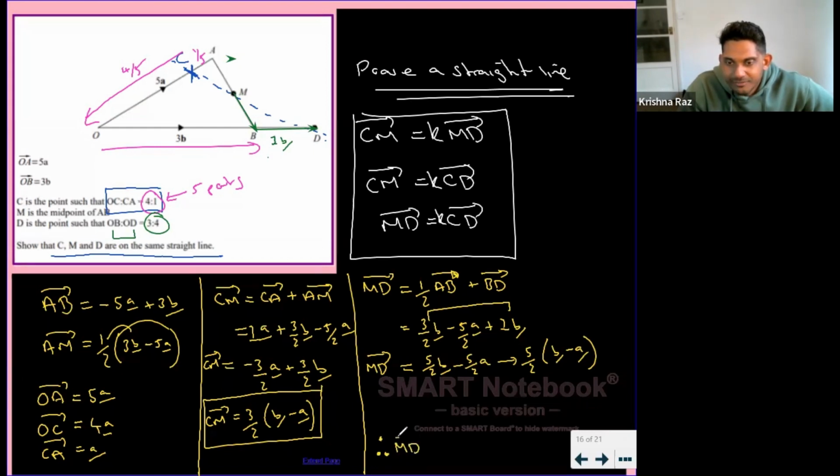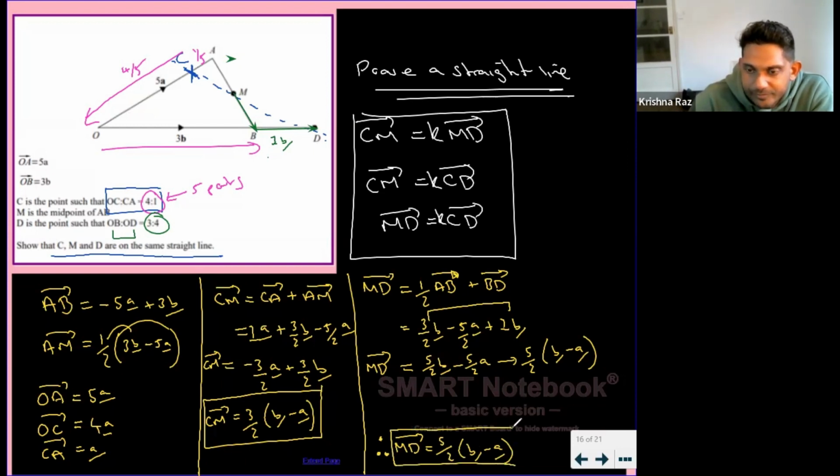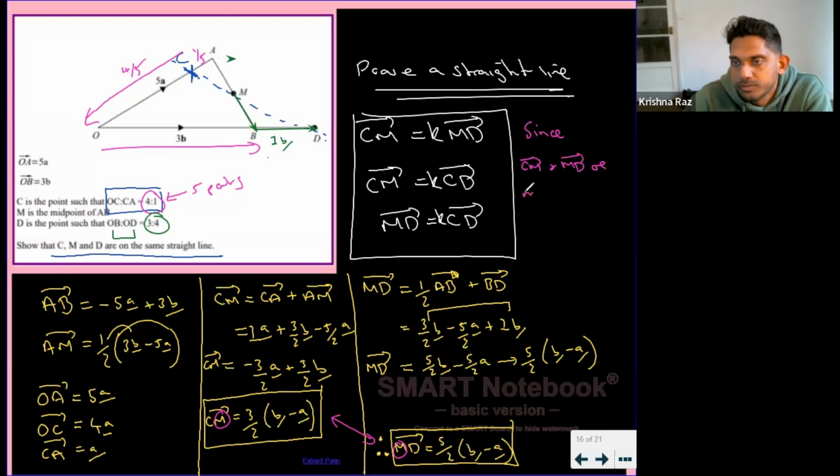So therefore MD is 5 over 2B minus A. Well, look, we can see here these two things are both multiples of B minus A, and they have a common point in M. So since CM and MD are both multiples of B minus A, and they have a point in common, they must form a straight line.